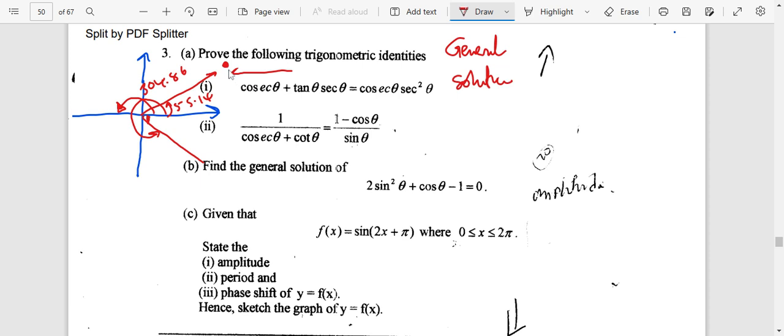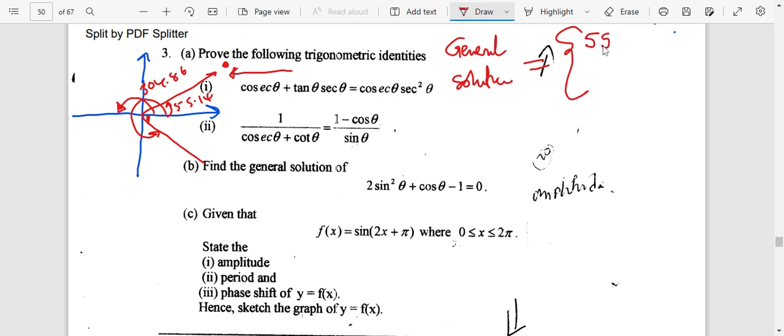You want all the angles that you get when you come back to this point. Have we gotten what I'm asking? So for me to move from 55.14 degrees and come back to it, I need to add 360.